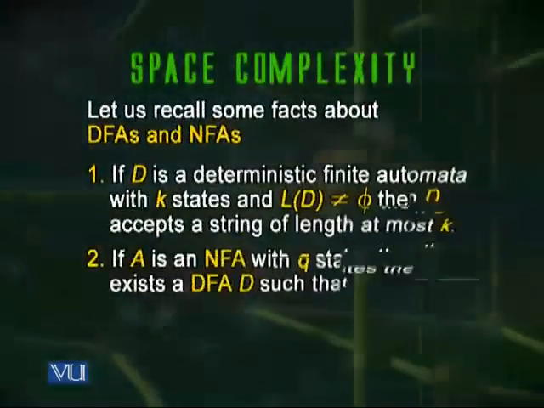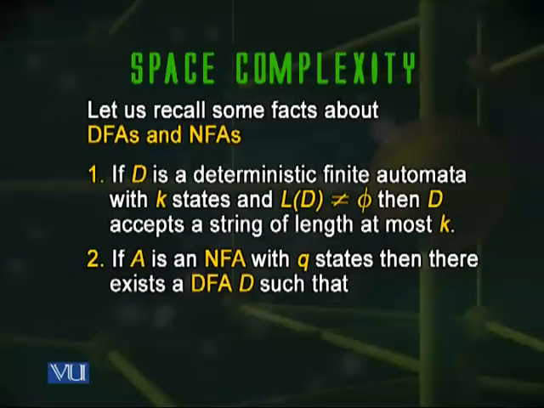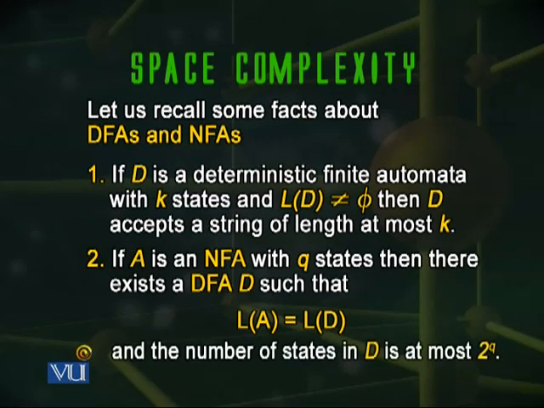Let's now look at the second fact. The second fact says that if A is an NFA with Q states, then there exists a DFA D such that the language of the NFA is the same as the language of this DFA D, and the number of states in D is at most 2 to the Q. This is an algorithm that you learn when you study automata theory, and it allows you to convert an NFA into a DFA.